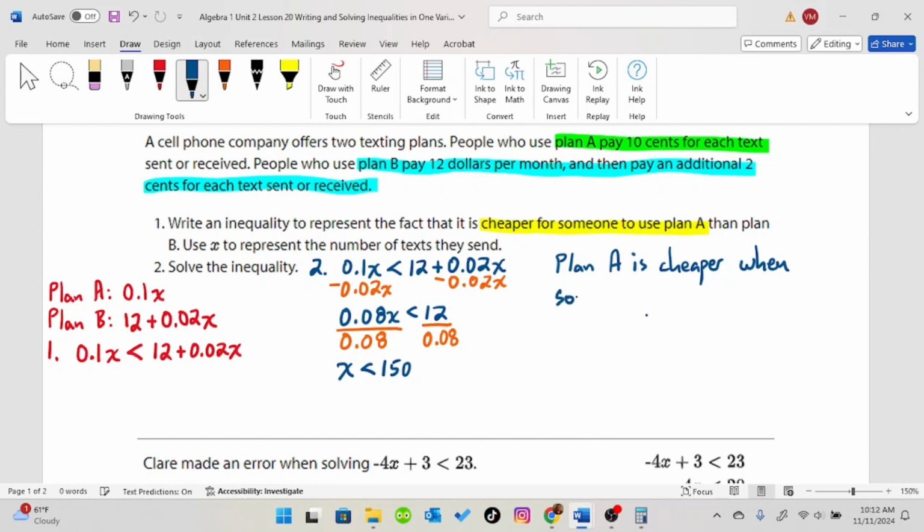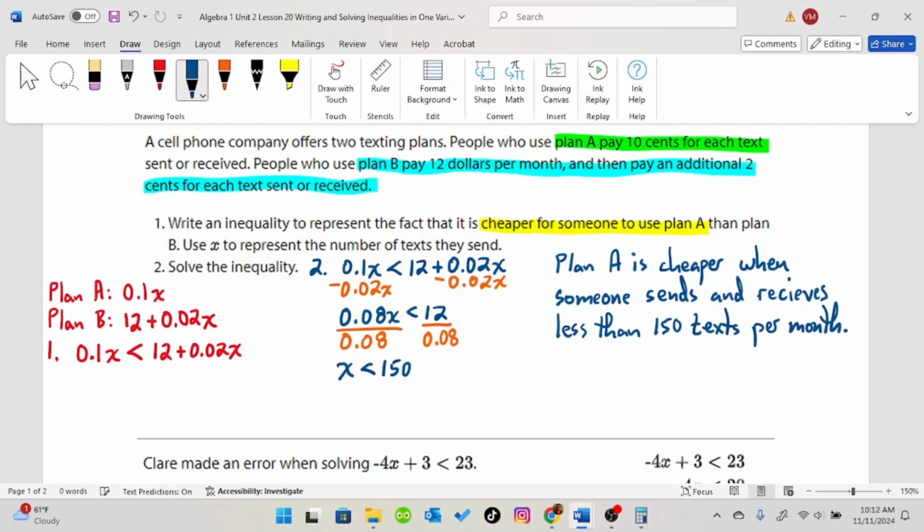when someone sends and receives less than 150 texts per month.